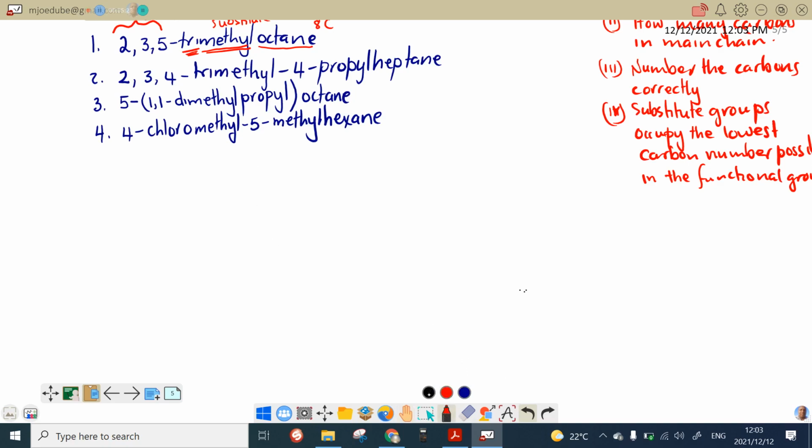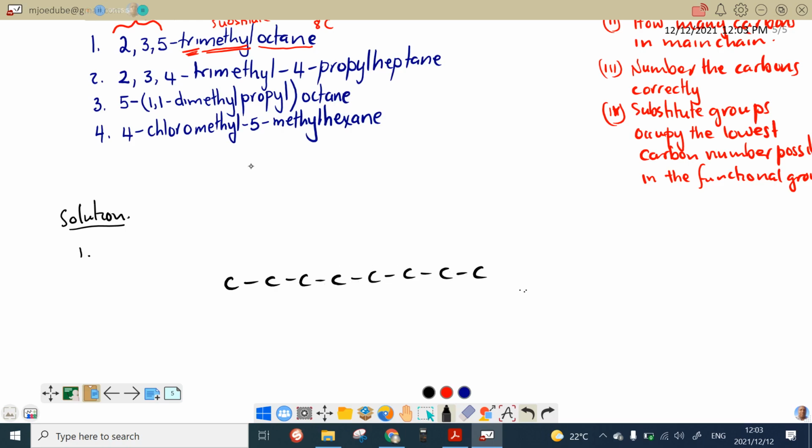The first thing I'm going to do is make sure that I have my octane group, which has 8 carbons. So, solution to question 1. It's got 8 carbons: 1, 2, 3, 4, 5, 6, 7, 8.